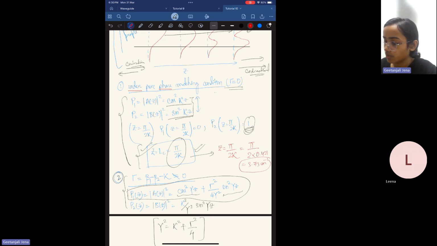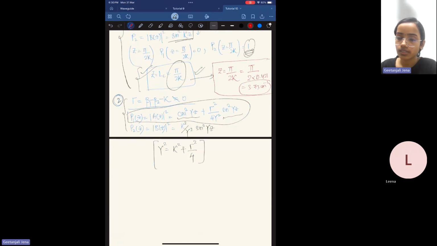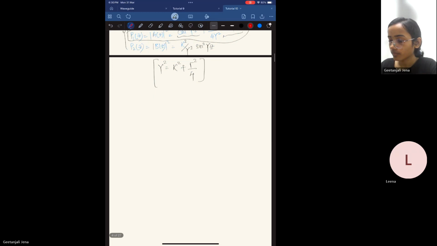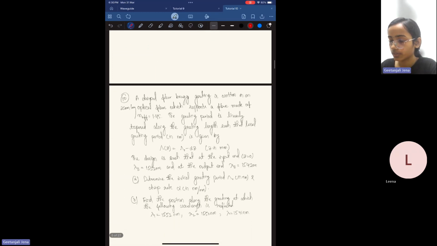So is this problem clear to you? This is all about question number 9. And remember that this is for co-directional coupling, so don't get confused between co-directional and contradirectional coupling. If this question is clear, I will move to the next question.